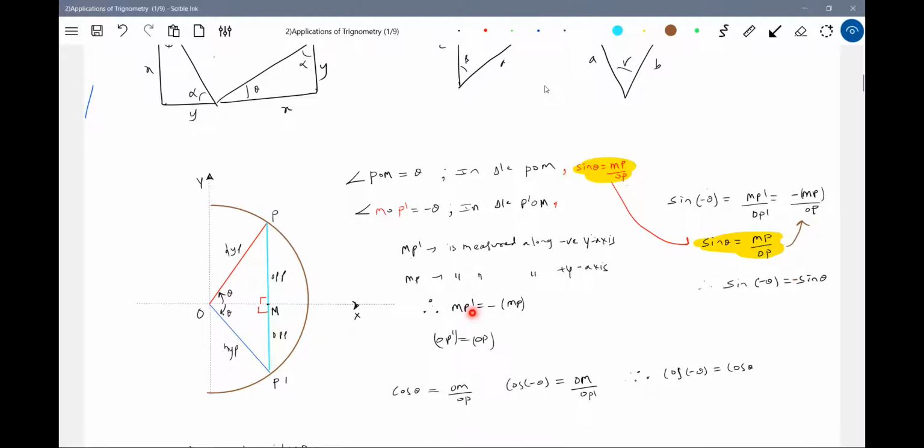Therefore MP dash is equal to minus MP. Notice this important point. Also, as it is part of a circle, OP is equal to OP dash, both being the radius of the circle.